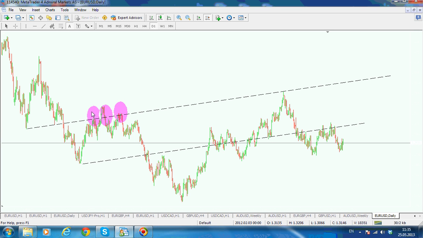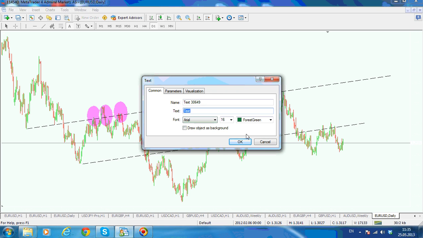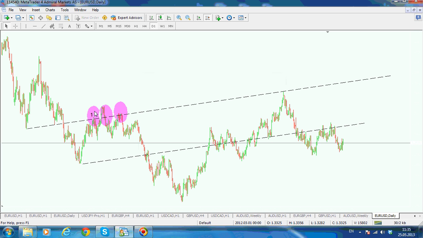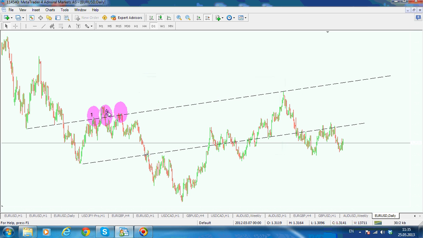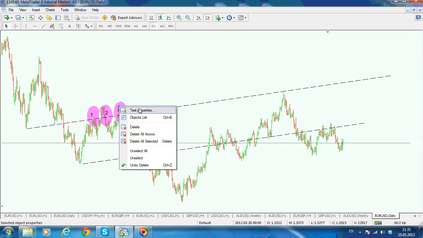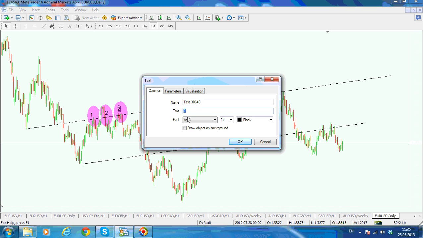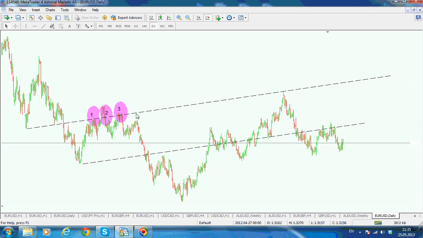So this is one, two, three, and then we have a fourth time that this area has been touched.